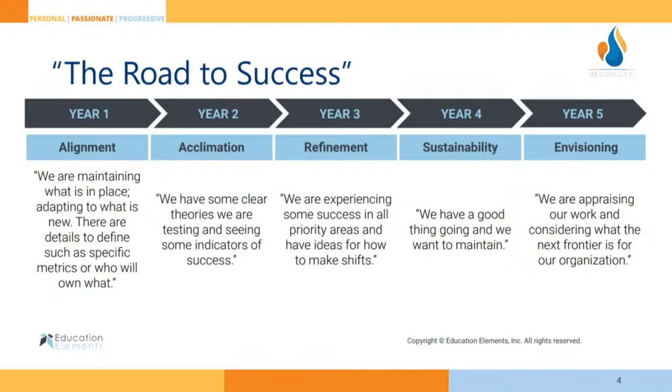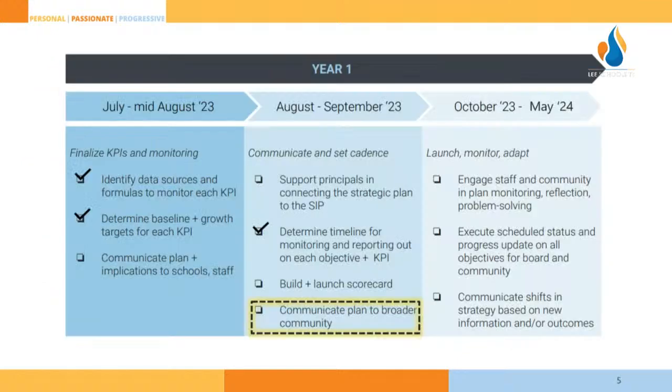Year 1 is really all about alignment, and then we continue to see in year 2 and year 3 acclimation and refinement until year 4 and 5 really become about sustainability, making sure that it's really self-sustaining and self-reinforcing, as well as year 5 really taking that opportunity to re-envision again to say, is this still the right work, or have we as a society changed in some way that the plan no longer quite describes where we should be headed. So this is our 5-year roadmap.